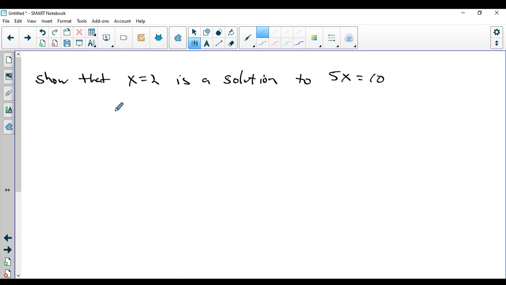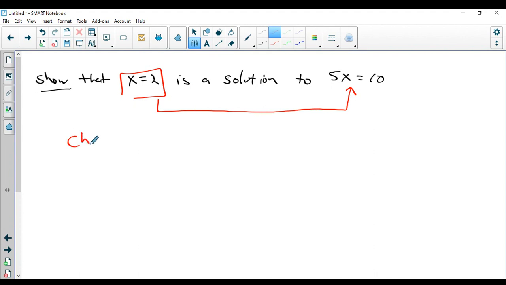If I asked you to do that, what would you do? Hopefully you would substitute. You take x equals 2 and chuck it into the equation where you see x. It's basically doing a check, so to speak. You would get 5 times 2 and ask, does that equal 10? Well, 5 times 2 last time I checked is 10, so 10 equals 10. Bam, you showed that x equals 2 is a solution to 5x equals 10.